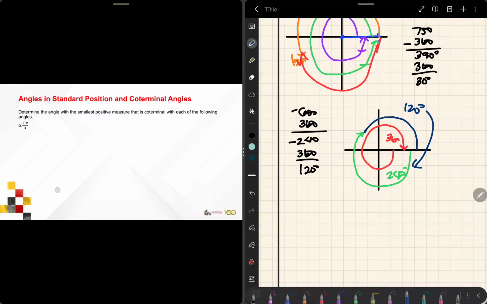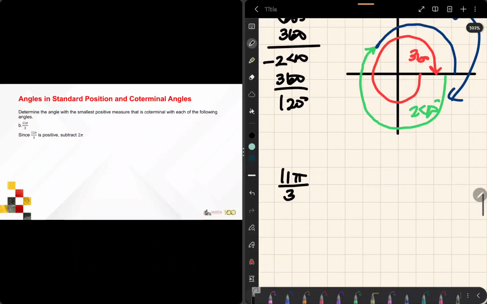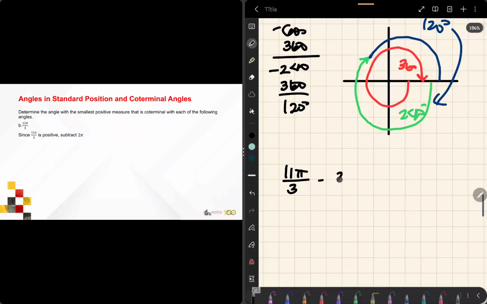Next, for 11 pi over 3, determine the smallest positive measure that is coterminal with each of the following angles. So instead of adding or subtracting 360 degrees here, we simply add or subtract 2 pi. So we have 11 pi over 3. I do hope you still remember your fractions. The angle should be less than or equal to 360 degrees, so here we simply subtract 2 pi.